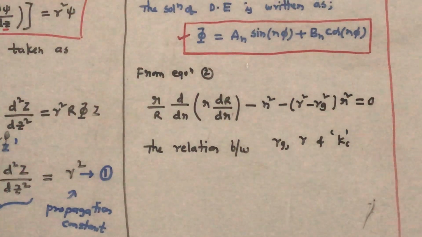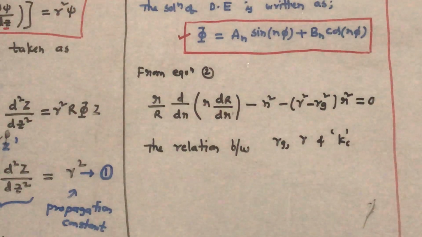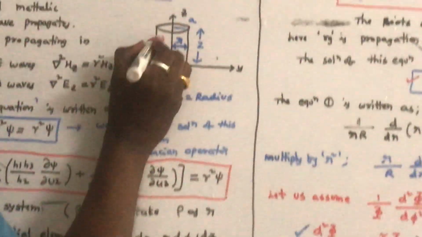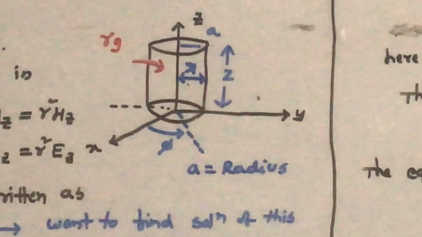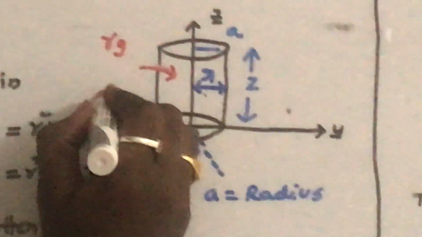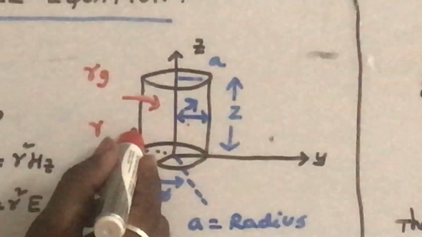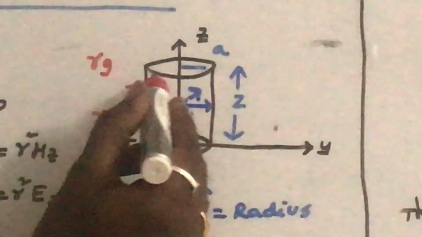Clearly see the very simple differences. Gamma g is the propagation constant of the medium inside the circular waveguide. Gamma is the propagation constant of the medium outside the waveguide.